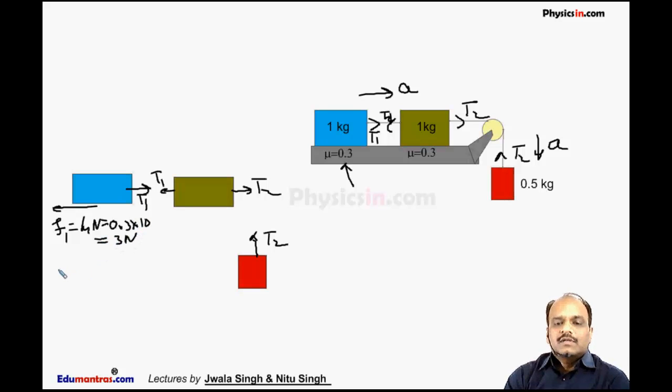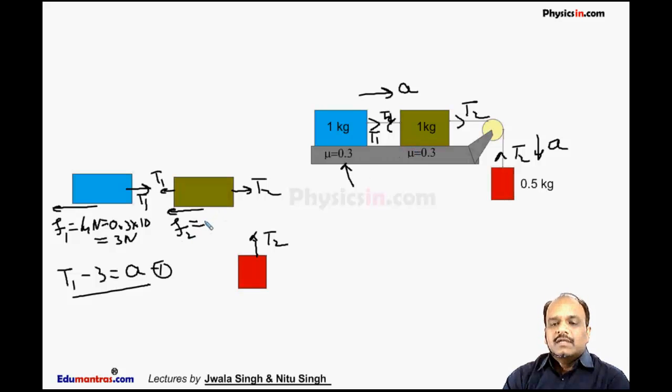So T1 minus 3 is equal to mass into acceleration. This is our first equation. In the same way, the friction here is in the backward direction, and this friction is also equal to mu times N, that is 3 Newton, because the normal reaction here is 10 Newton. Now the second equation is T2 minus T1 minus 3 is also equal to mass into acceleration. This is our second equation.